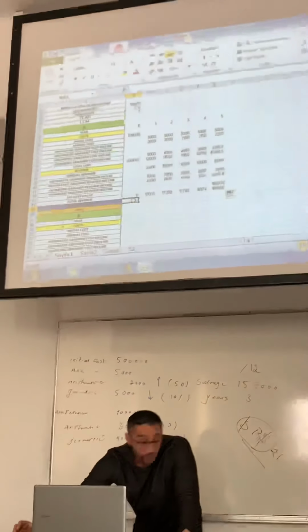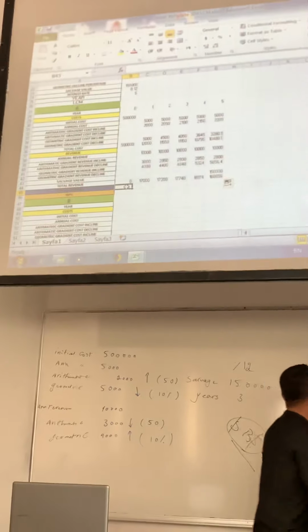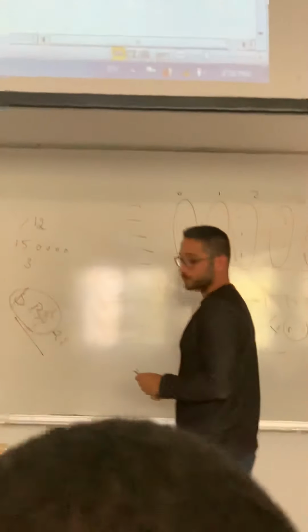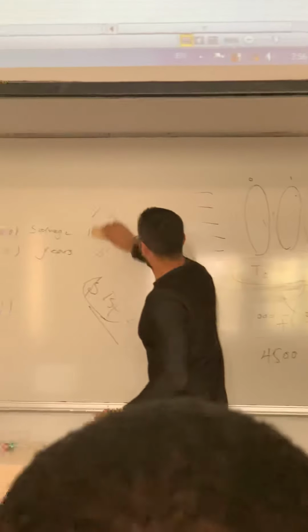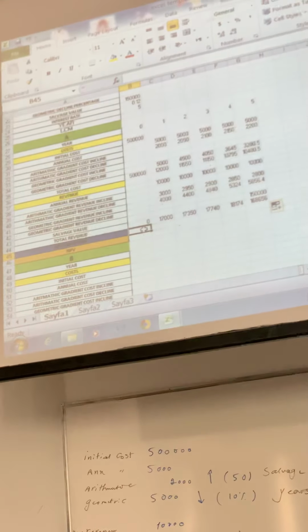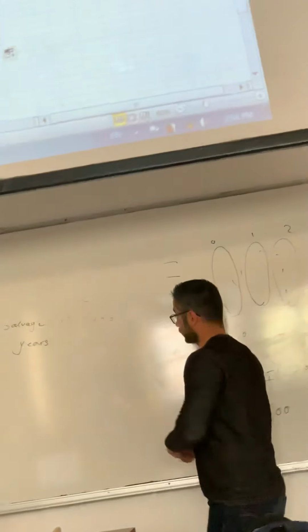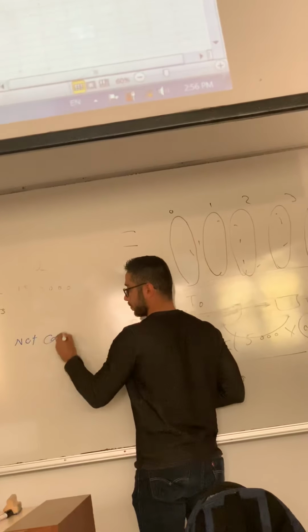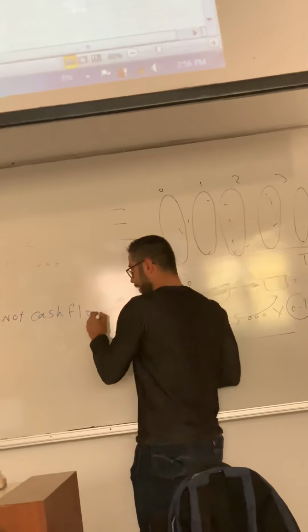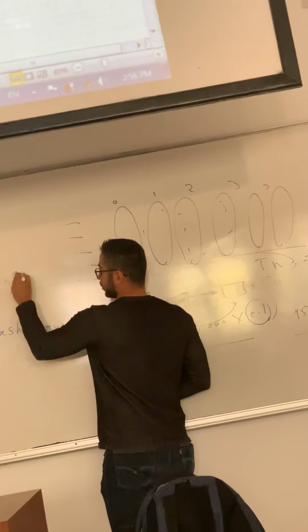Okay. So from here we have two different parameters we calculated now. One is total cost, one is total revenue. What do we want? Net cash flow. So the difference between these. Net cash flow, right?